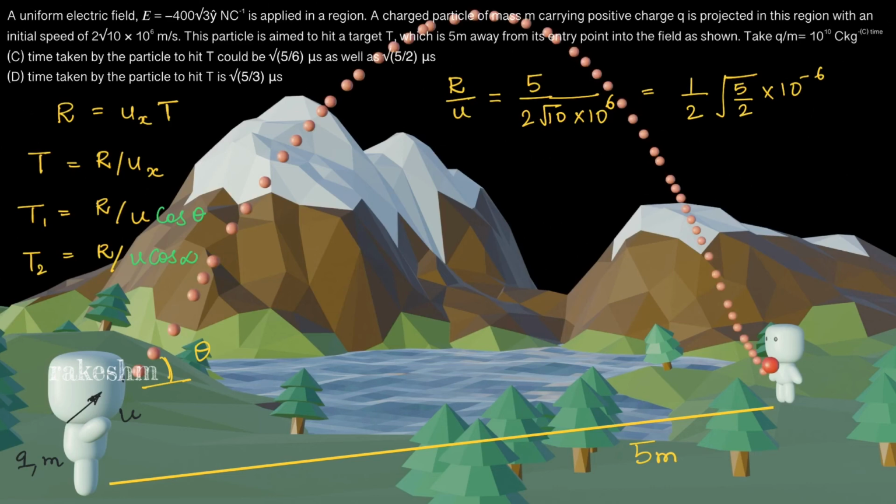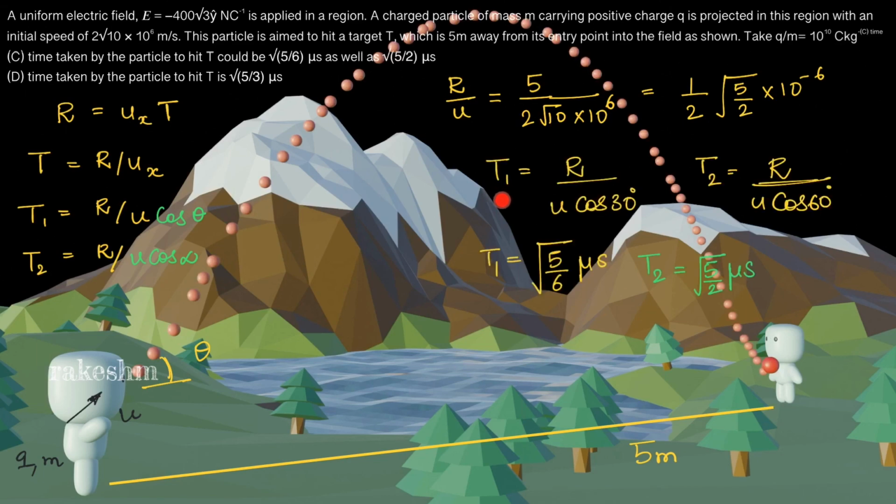So this comes out to be 1 by 2 root 5 by 2 into 10 power minus 6. So T1 is R by u cos 30 and T2 is R by u cos 60. We put the value of R by u from here. In option C, he has given root 5 by 6 microseconds and root 5 by 2 microseconds, so this is the correct option and D is the wrong option.